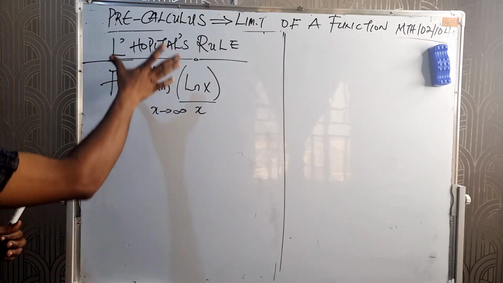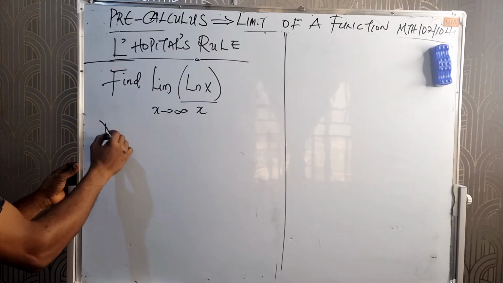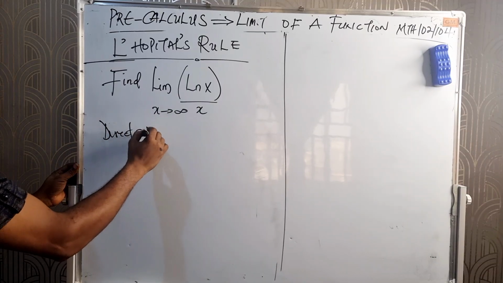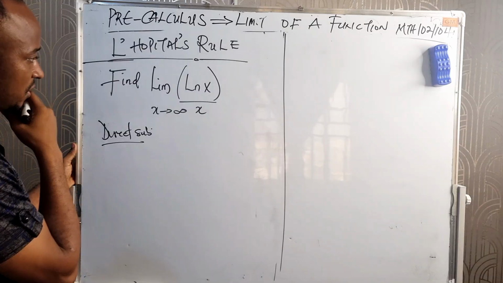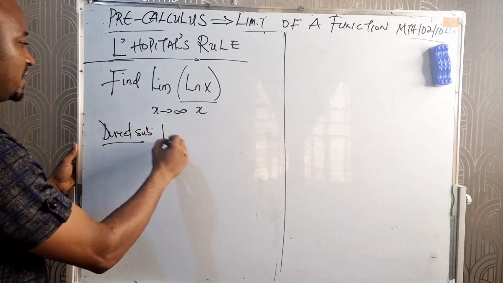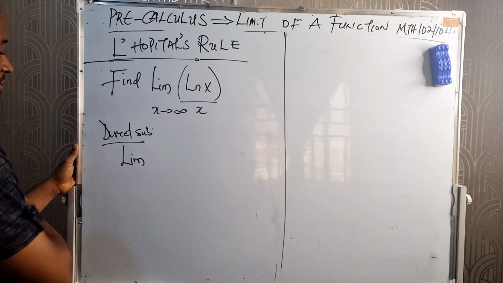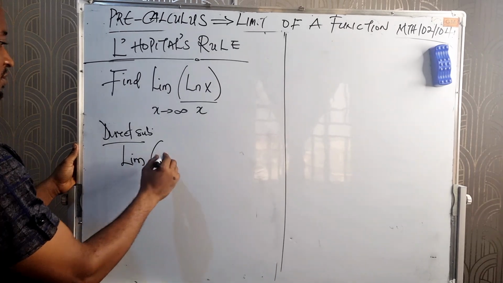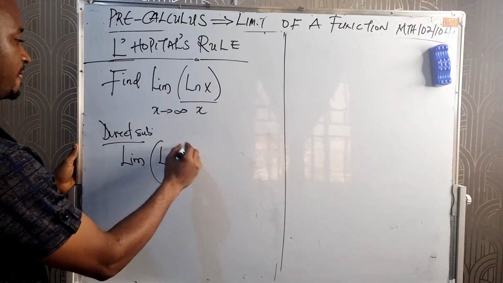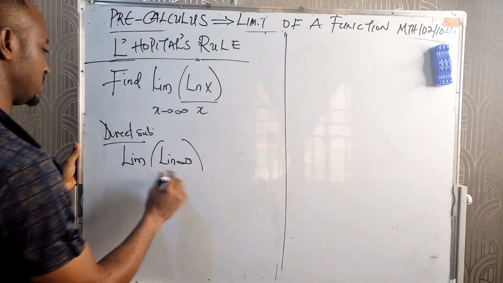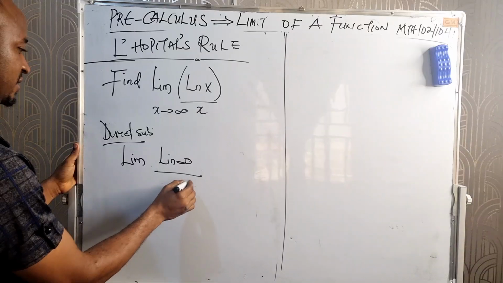In fact, since we are still dealing with the L'Hopital's rule, let's see how this will work. Let's look at direct substitution first. Direct substitution will give us ln infinity over infinity.